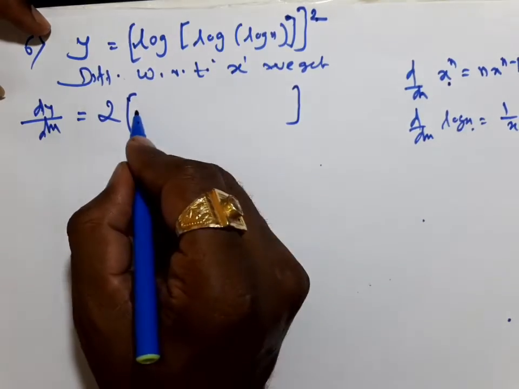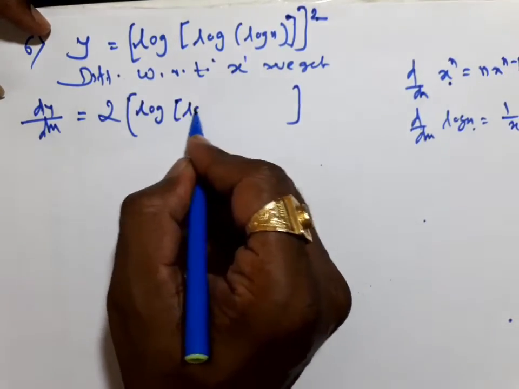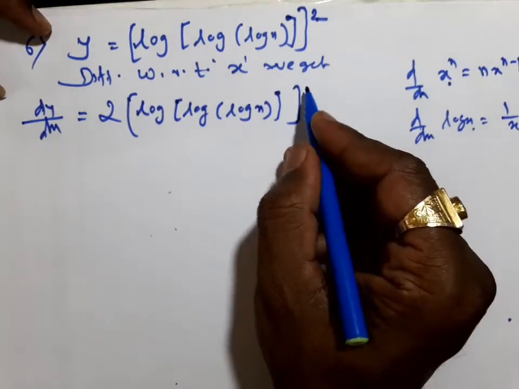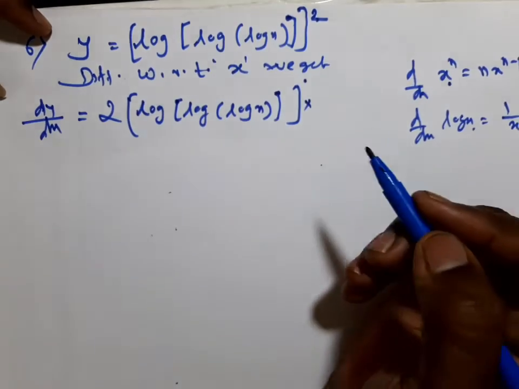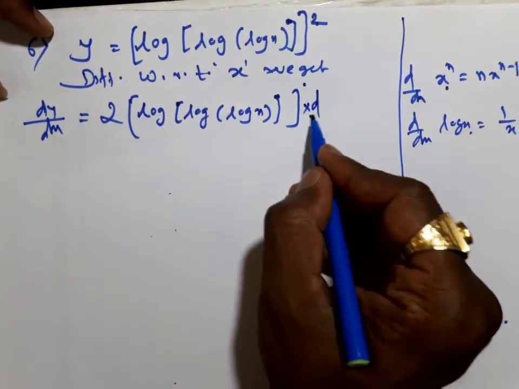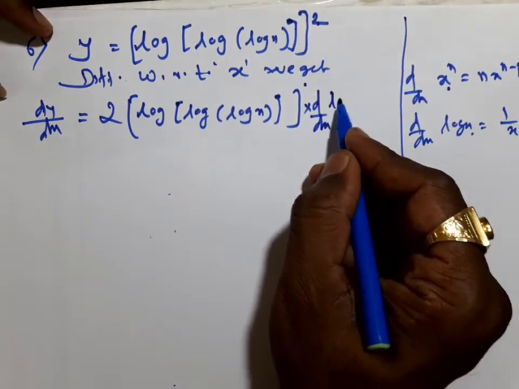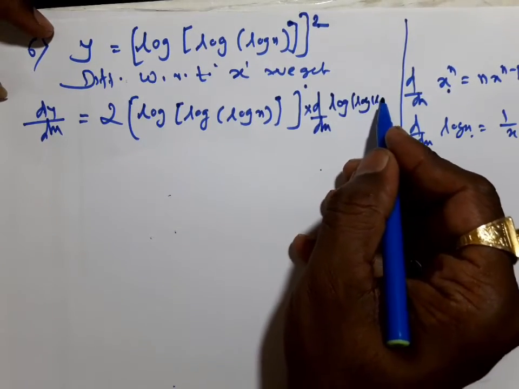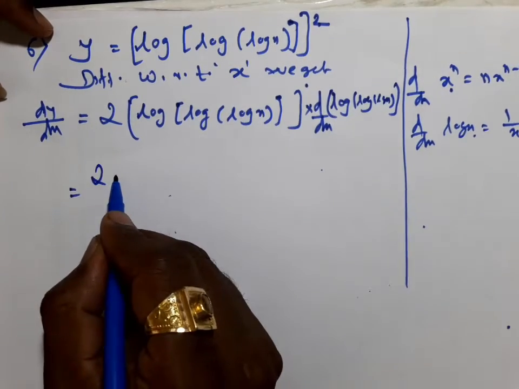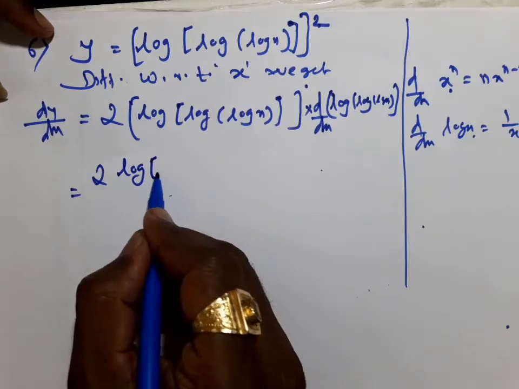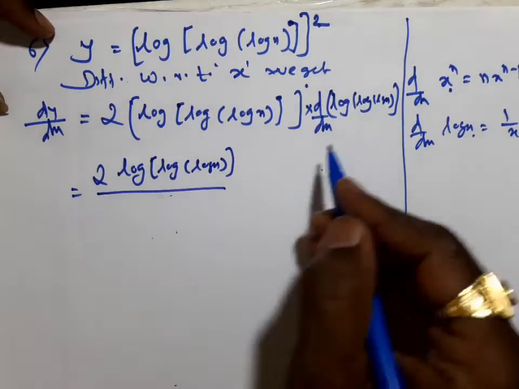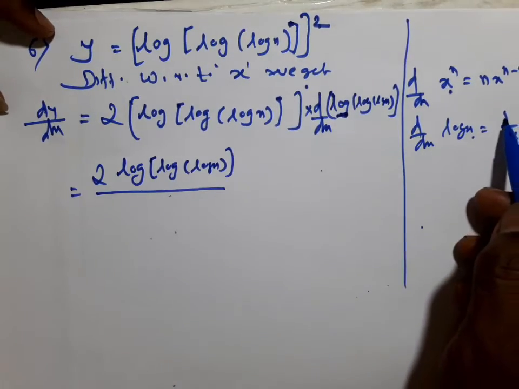The bracketed term remains as it is, log, again log, and finally log x. 2 minus 1 is 1, into, because it is not a simple function, it's a compound function, into d/dx of log x. Again 2 log log x. Now due to this log, the derivative is 1 upon x.